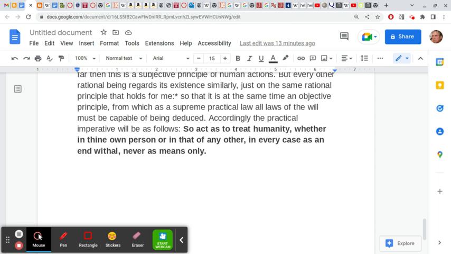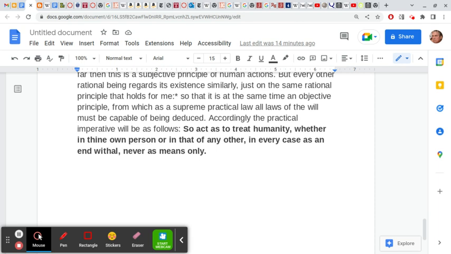If it turns out that the answer to that question is I would be treating somebody as a mere means to one of my ends, then I know that the action is unethical. It's immoral. If, however, in asking this question, I decide that no one, including myself, would be treated like a means rather than an end, then I know that it's ethically permissible.